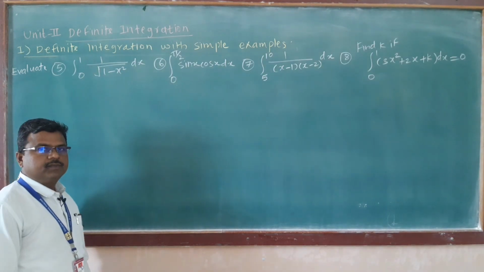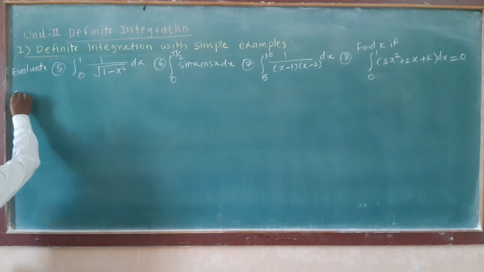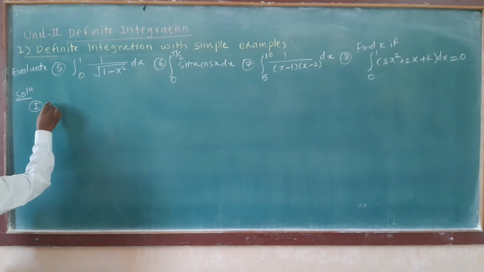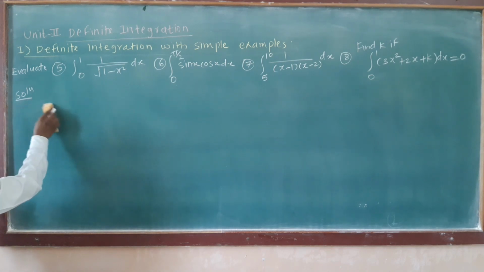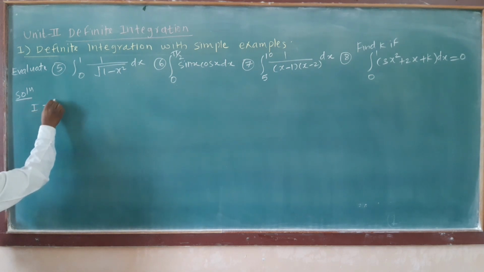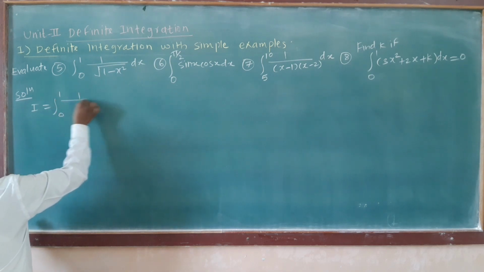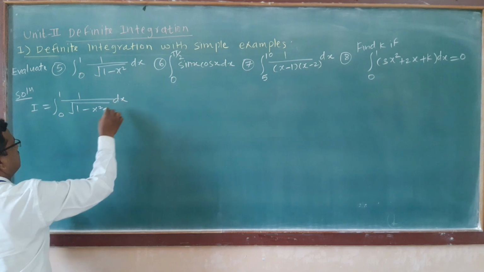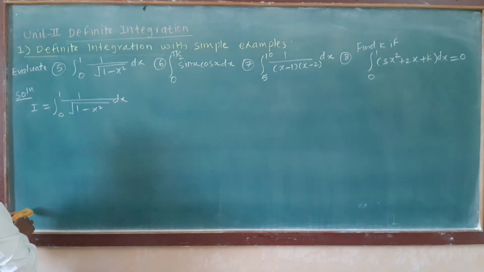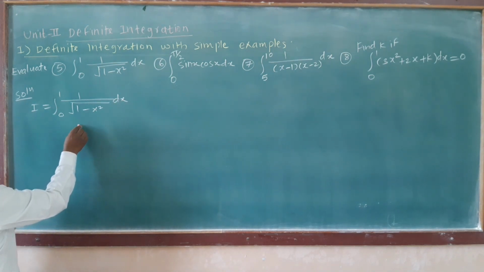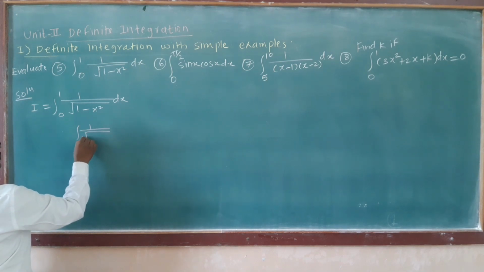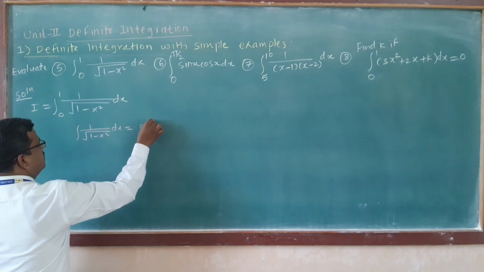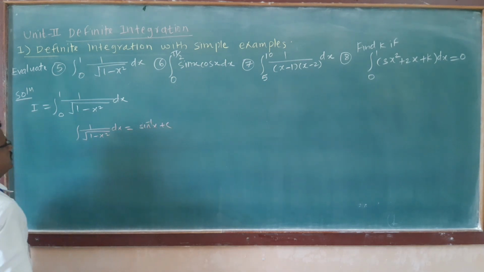Now see the next example number 5. Call this I is equal to integration from 0 to 1 of 1 upon root of 1 minus x square dx. Now this is a standard integration, that means the integration of 1 upon root of 1 minus x square dx is equal to sine inverse x plus c.